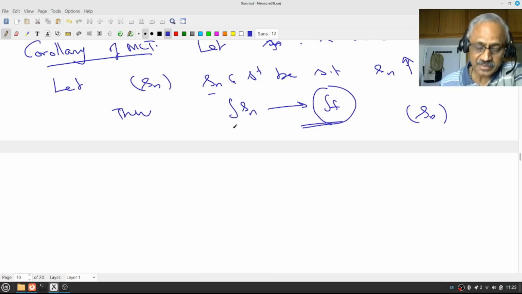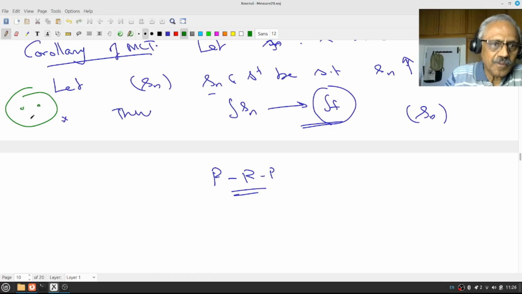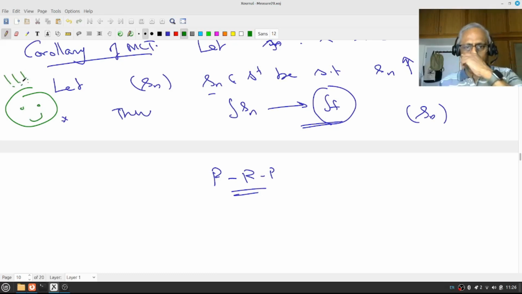In fact, I have seen one of the very good mathematicians exclaim exasperatedly in a class after proving this, what is the use of the monotone convergence theorem? You have to dig. Pause, review, proceed. Do you understand this? Very beautiful, great thing.